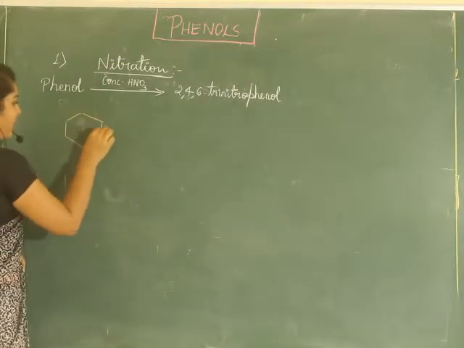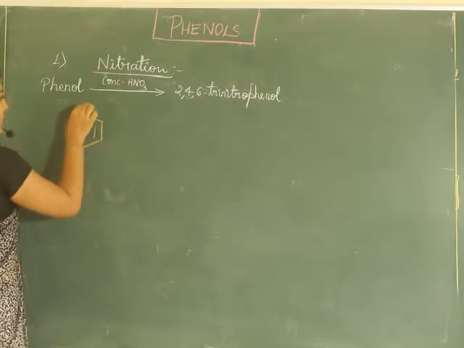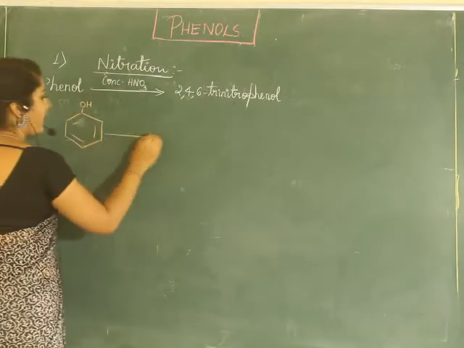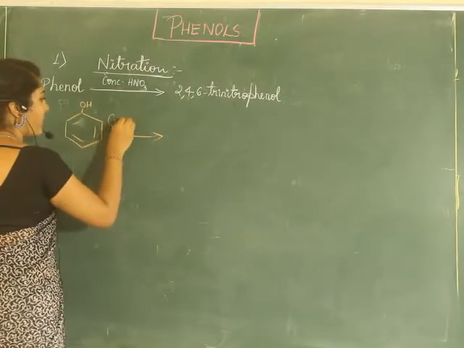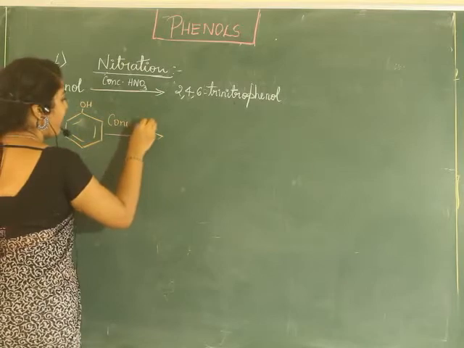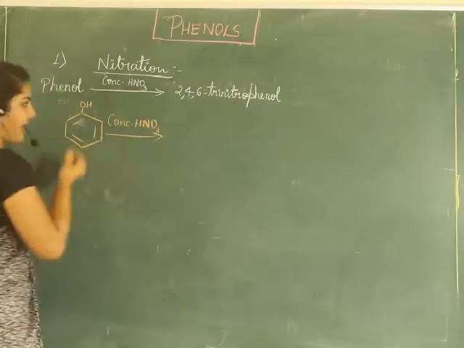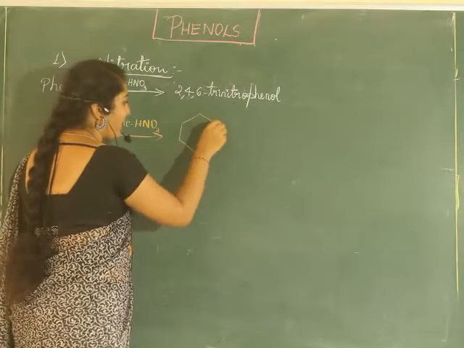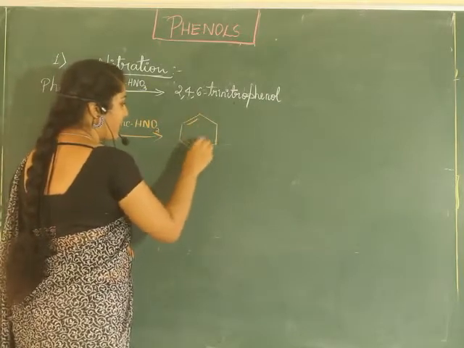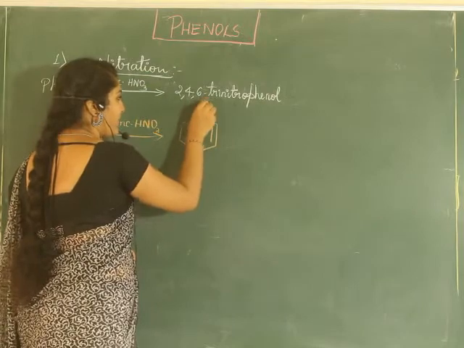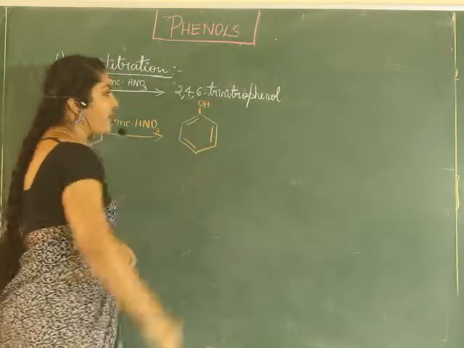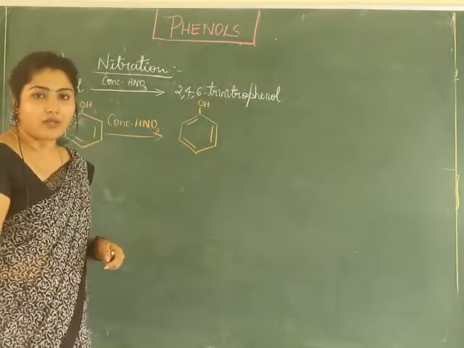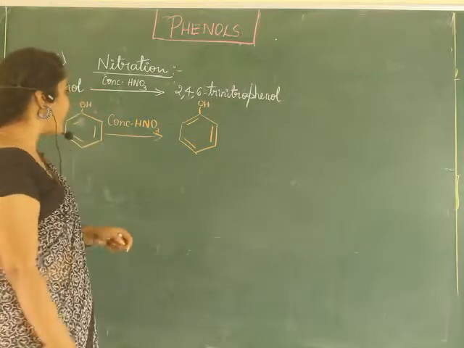phenol is benzene ring with OH, in the presence of, suppose we treat it with concentrated nitric acid. Again, nitration takes place, but here a tri-substituted product you are going to get. Benzene ring, OH. We are just writing a direct, general reaction, not the mechanism here.